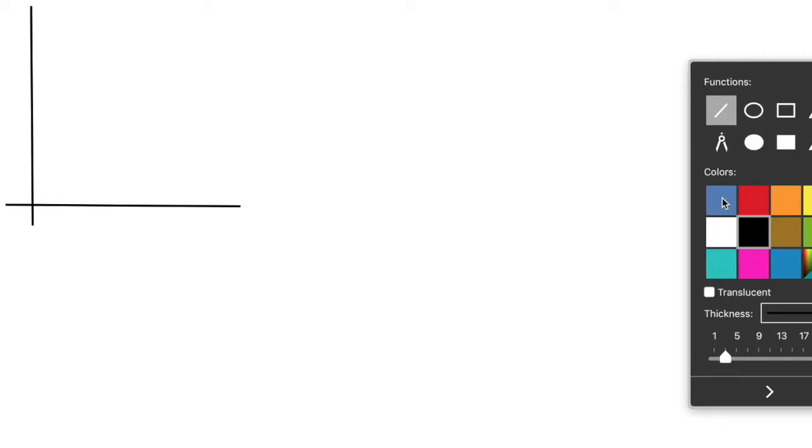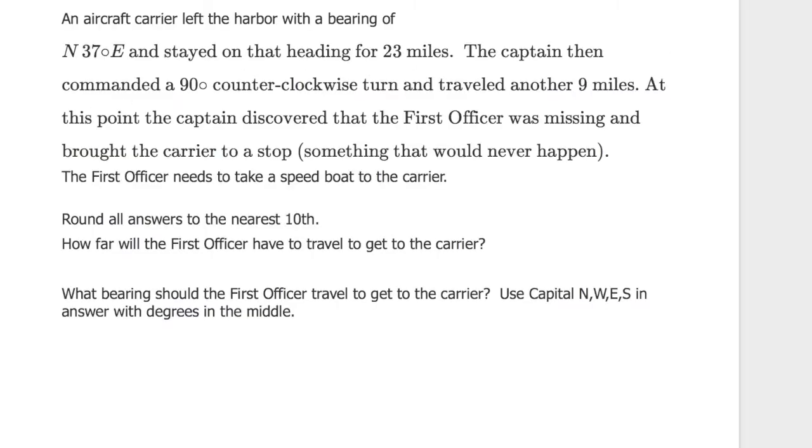So what we're doing is we're traveling 37 degrees east of north. So we're moving in this direction. Sorry, 37 degrees, if I remember right. Yeah, 37 degrees.